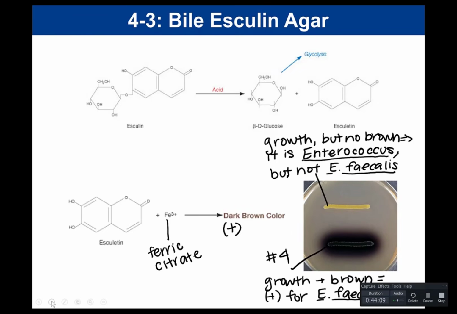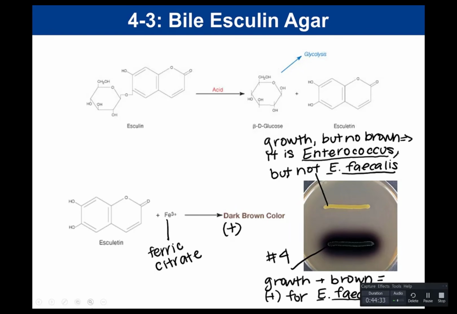Because they're both gamma hemolytic, so we can't look at that. So we need an additional way to differentiate those. And so the answer is you look at your bile esculin agar. You would also inoculate a bile esculin agar, and if it grows and it's brown, it's going to be E. faecalis.